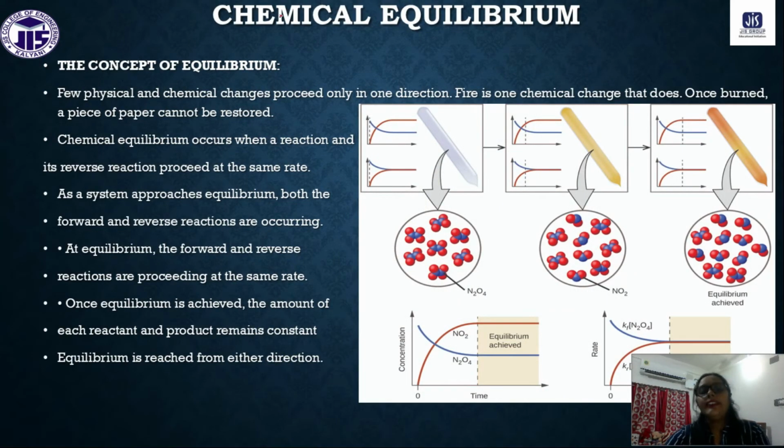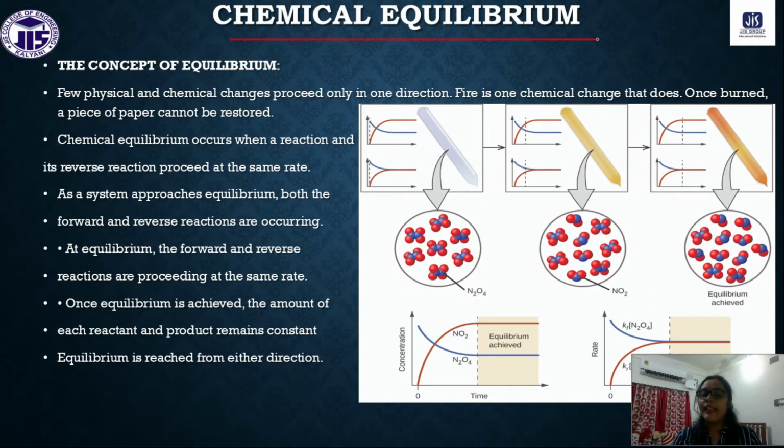Now the next important concept is chemical equilibrium. Very important concept. For a reversible reaction, what we have seen is that the forward direction reaction and backward direction reaction take place at the same time. If the reaction reaches chemical equilibrium, that means the rate of the forward direction reaction is equal to the rate of the backward direction reaction.